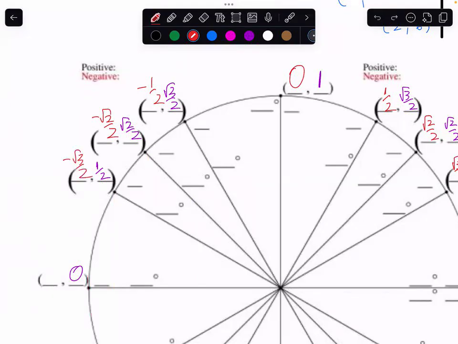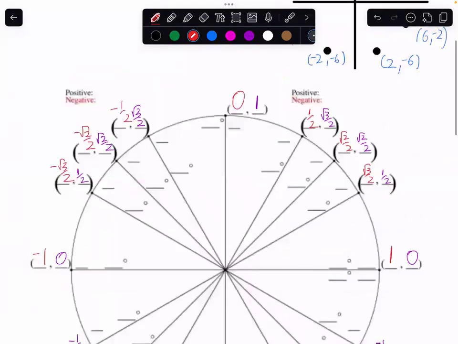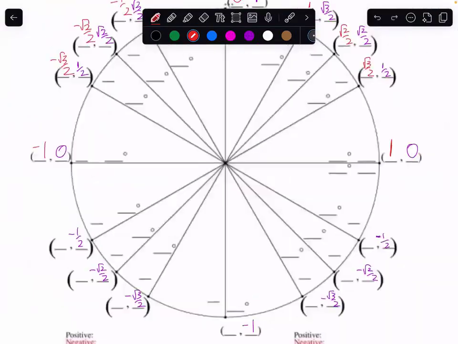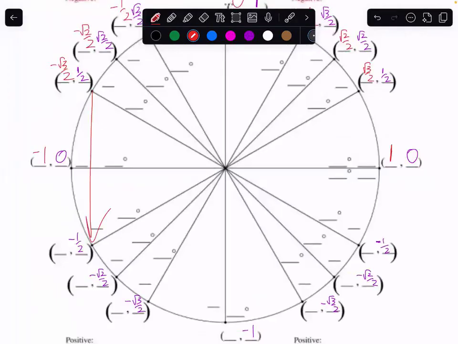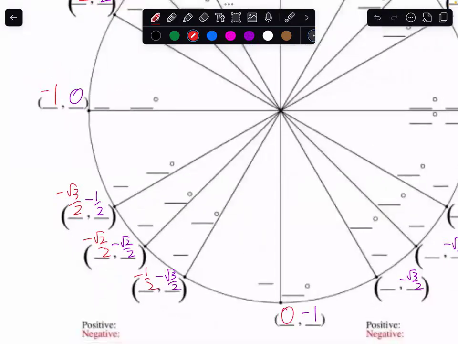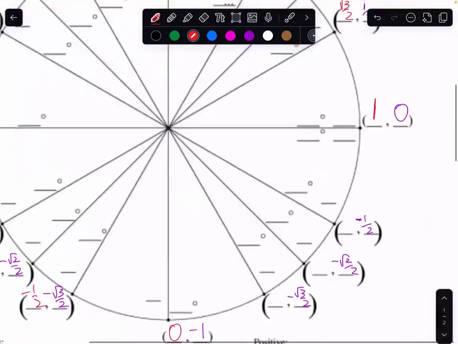And then here, negative 1. Okay, here you're going back towards 0, or again, you can use reflection. Okay, so a little bit bigger than negative 1 is negative radical 3 over 2, and so on. Negative radical 2 over 2, negative 1/2. This point's on the y-axis, so it's 0.